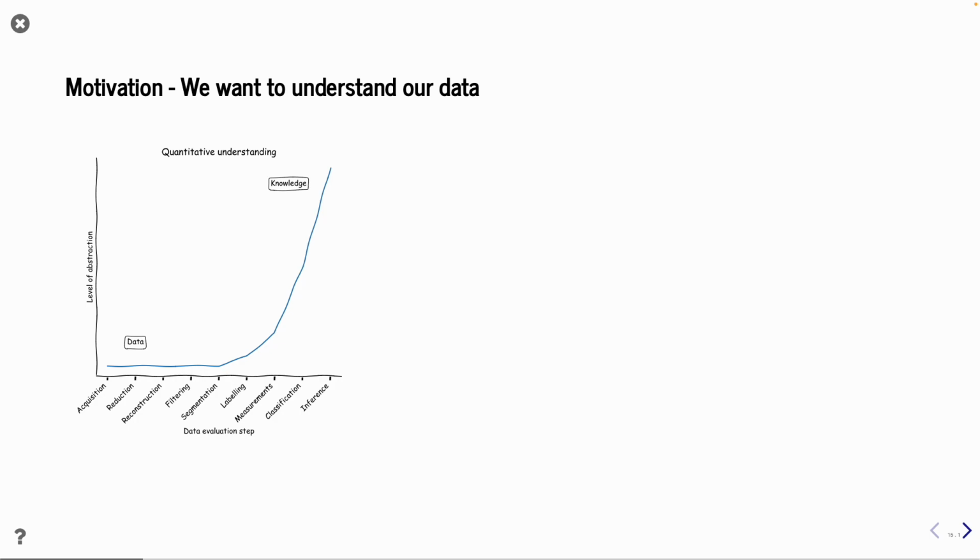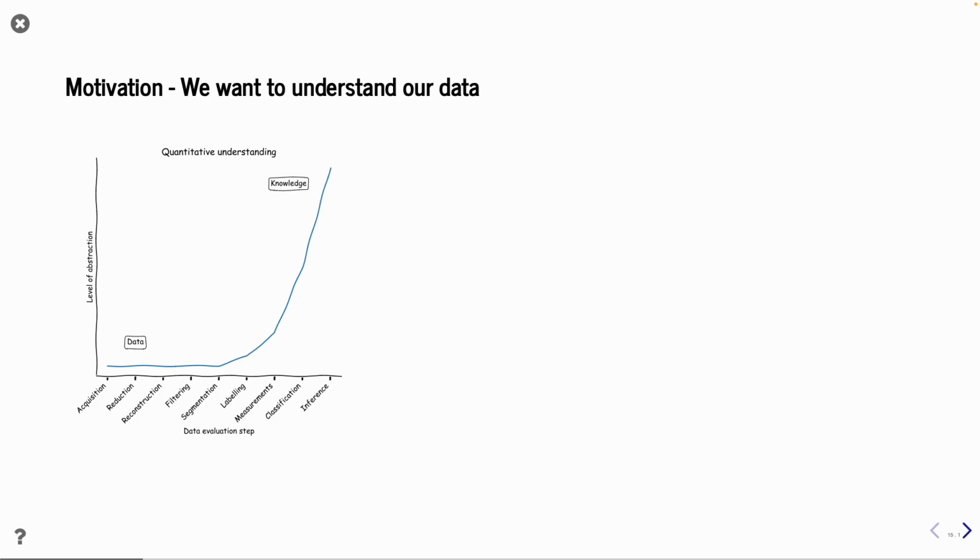Then comes the segmentation. Then you start getting some structure in the data, because then you have divided it into different regions. And then you do labeling. Labeling means you identify each region. So you know that you have, say, 1,000 regions, and from them you can start doing something.